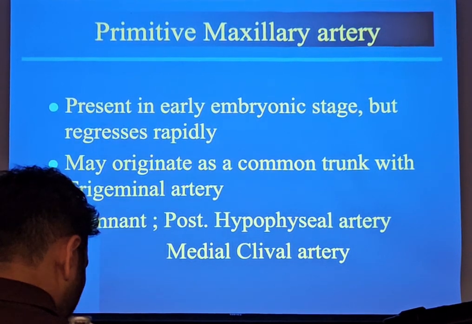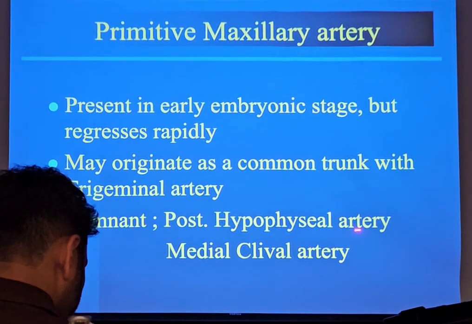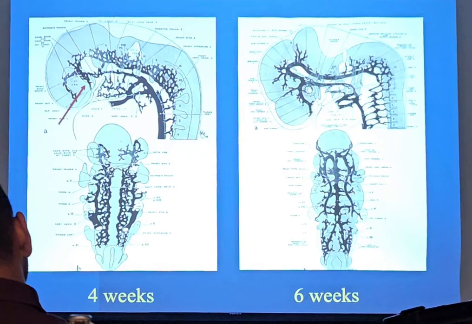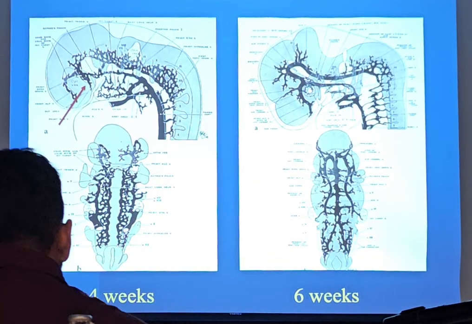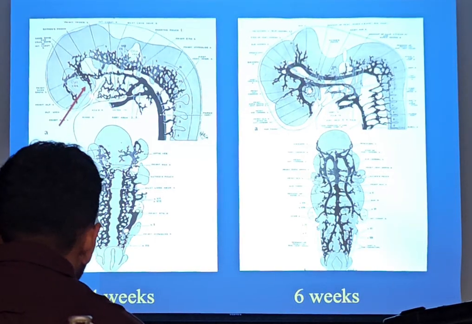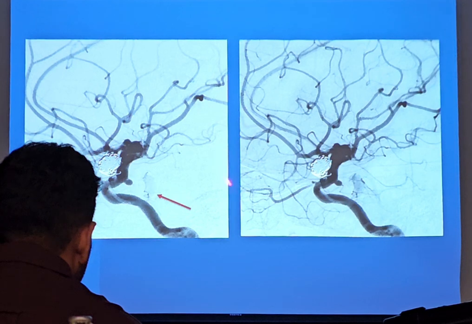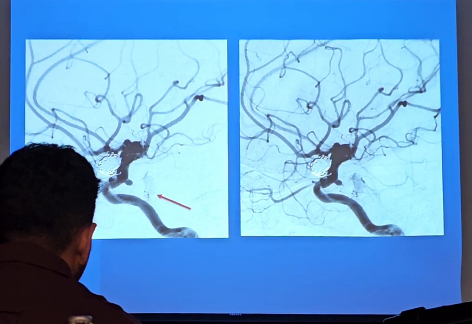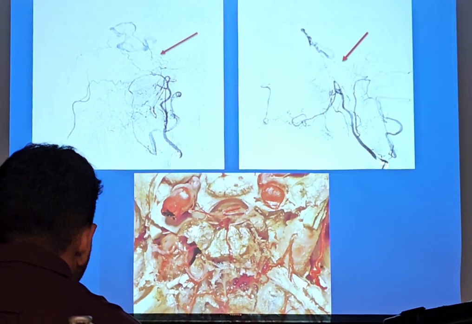It may originate with the trigeminal artery, but it regresses, and the posterior hypophyseal artery and medial clival arteries are the remaining branches of the primitive maxillary artery. In the early stage you have this primitive maxillary artery, which eventually regresses and disappears, except the remaining posterior hypophyseal artery branch and some medial clival branches.